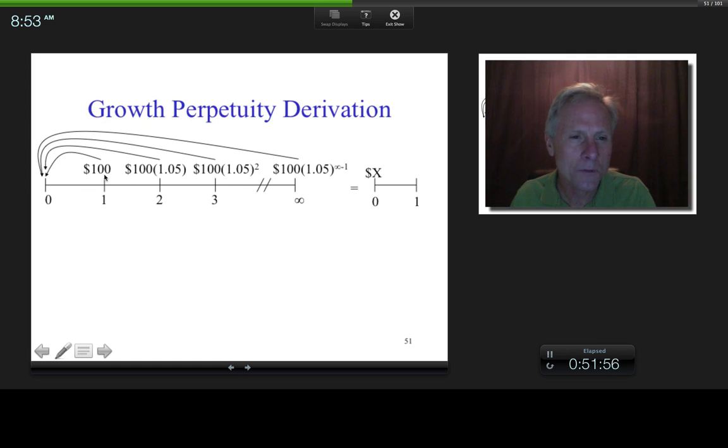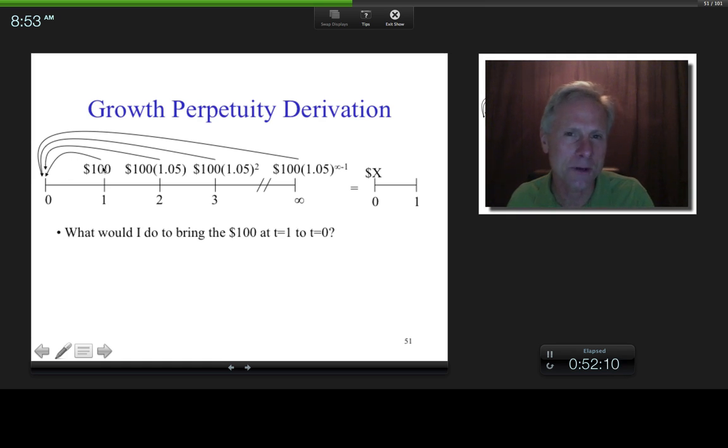So let's begin with this first 100. Is that a single cash flow problem to bring this back to time 0? It is, right? Now, let's assume the effective rate is 10%. Then what would I do to bring this back to time 0? Would I multiply it by something or divide it by something? Well, I'd divide it by 1.1, right?